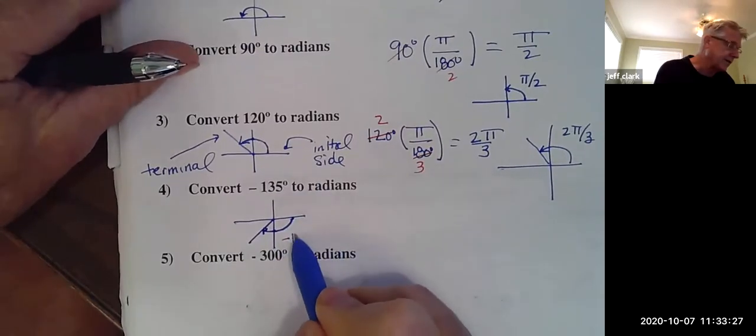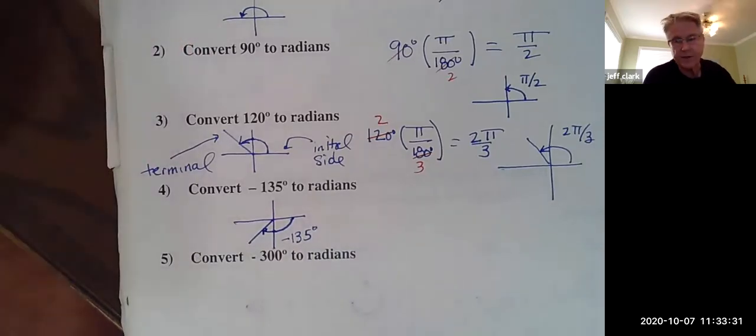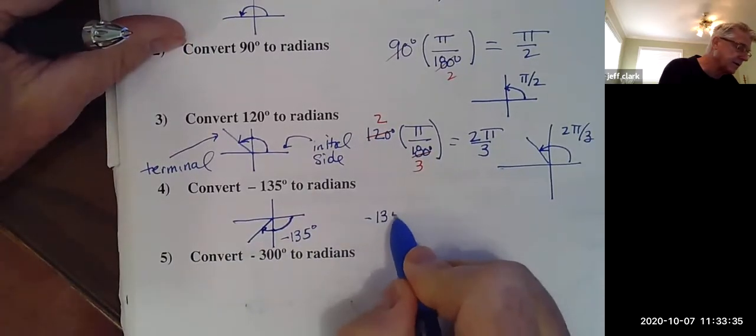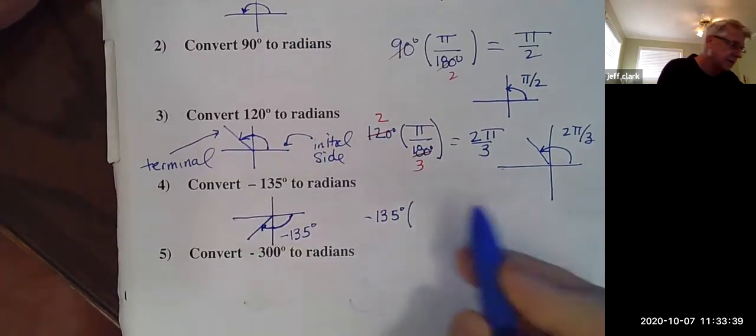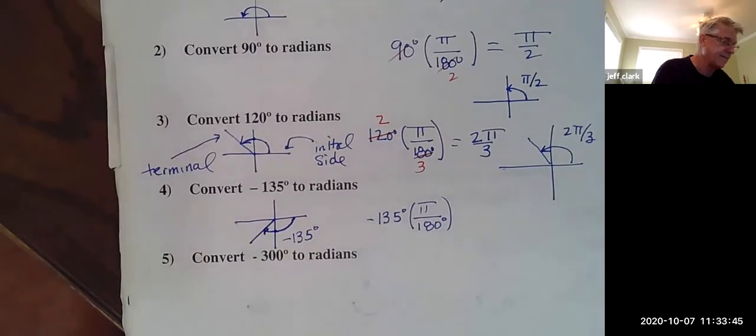That's negative 135 degrees. The radian measurement would still be in the same position, but it would be called, well, let's see. 5 goes into it for sure.